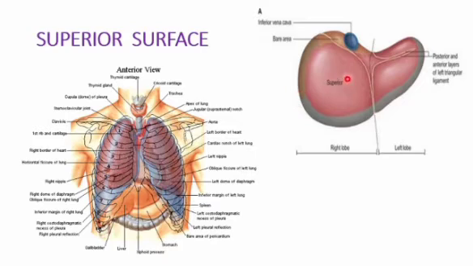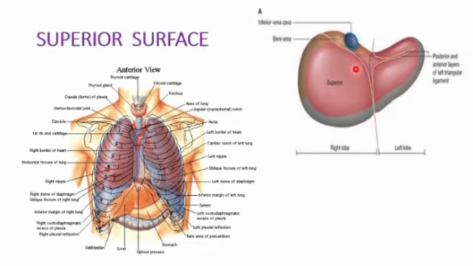On either side, the right end and left end, it is convex; in the middle, it is concave. The superior surface is covered with peritoneum except a small area, which we call the cardiac impression. Then this is called the bare area of the liver.